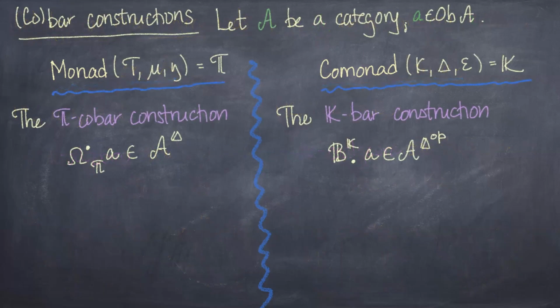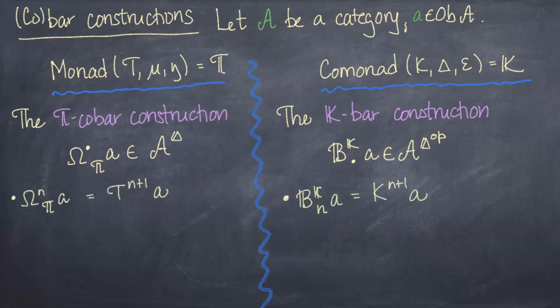So we're still in the situation where we have a category A and an object A in the category, and suppose we have our monad T and our comonad K. We can associate to the monad T a certain co-simplicial object in the category A, which I'll call omega dot T of A. Or in the case of the comonad, we can associate a simplicial object to A. It's called the K bar construction, B dot K of A, which is defined as follows.